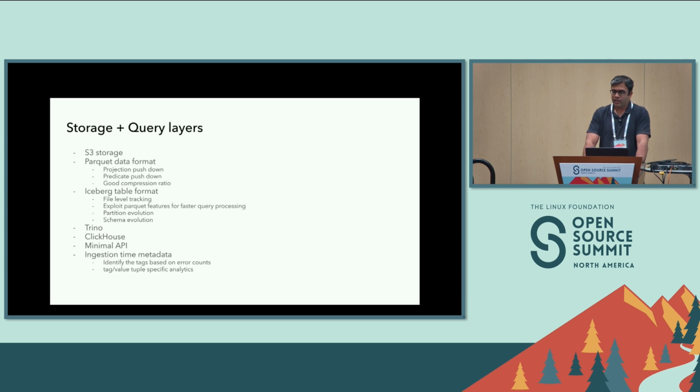ClickHouse we used as a faster analytics store. Most of the time when debugging at scale, especially when you have too many components and too many stacks involved, the focus is not so much on finding the problem, but more on eliminating the unnecessary components, right?